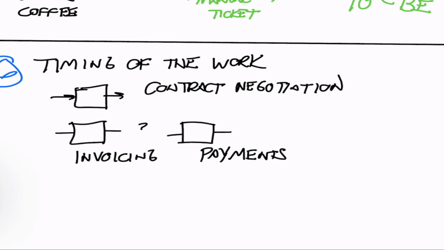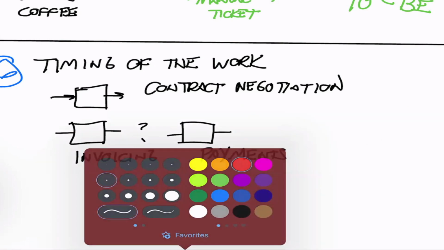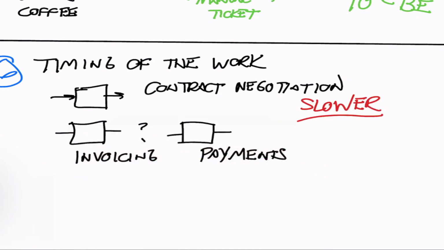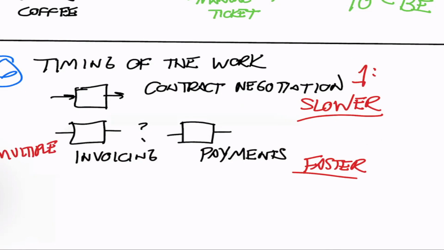What we may be able to agree to is contract negotiation is going to be slower than invoicing and payments in terms of the number of times that we execute through these cadences.